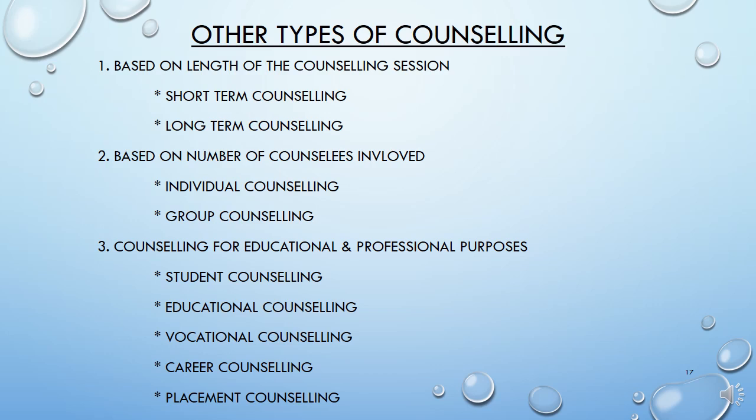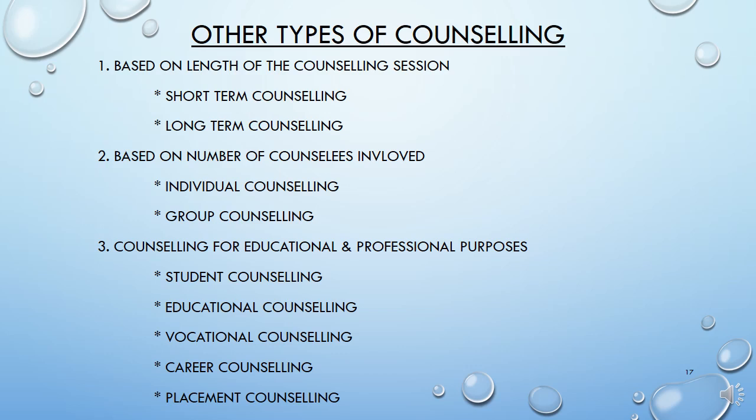And the third one is counseling for educational and professional purposes. In that category there are student counseling, educational counseling, vocational counseling, career counseling, and placement counseling. In student counseling you can give counseling for students who are having some problem in various categories like classroom problems, family problems, whatever it is.